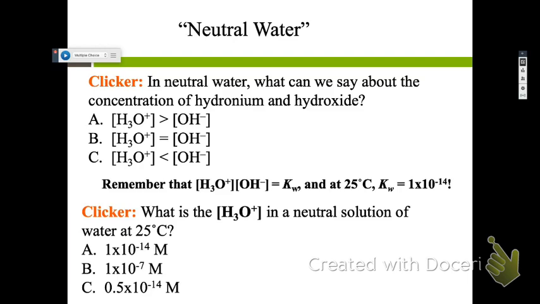To look at the exponents, you would just halve that exponent, which would be negative 7, because negative 7 plus negative 7 gives negative 14. Great, so you can either take the square root of this value, which means you cut the exponent in half, or you can say, if we know they're the same concentrations, then multiplying those two would give us 10 to the negative 14.